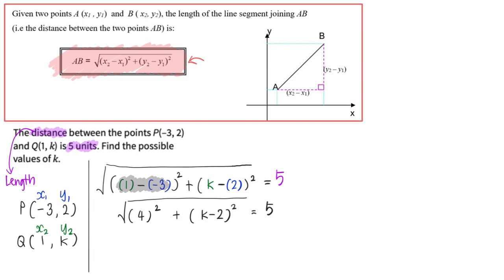And now, to make sure that I do not have the square root, I'm going to square both sides, meaning the next step you will see would be, first of all, 4 square is 16. K minus 2 bracket square, I'm not going to expand first. And because I do not want the square root, the next step you will see is that I square both sides. So I will have a 5 square here.